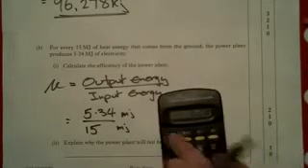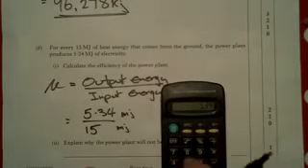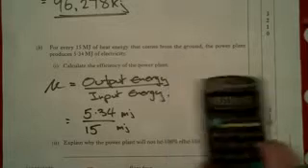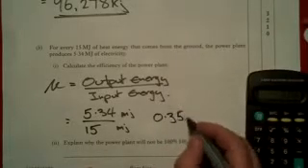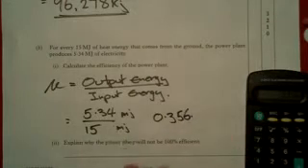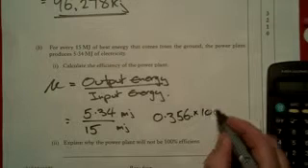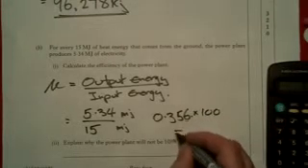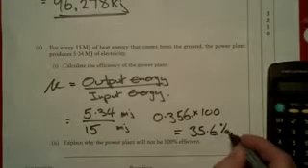Straight back onto the calculator. 5.34 divided by 15 equals 0.356. Now that's just the ratio. If we want to get that into a percentage, we have to multiply that by 100, which gives us 35.6% efficiency.